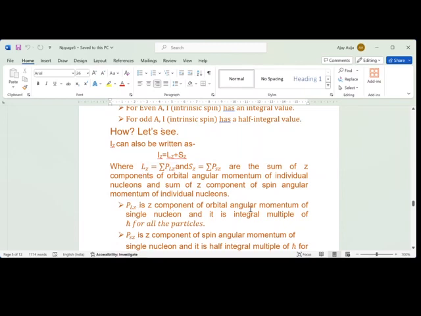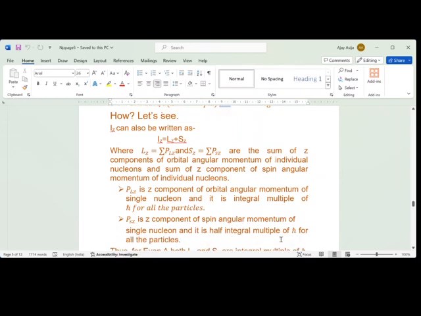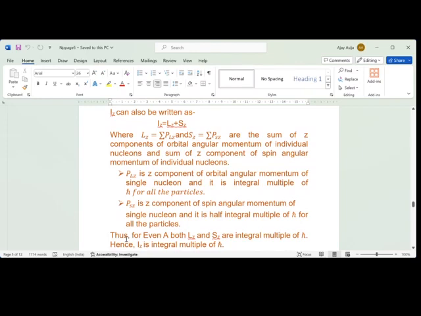PLZ is an integral multiple of h cut for all the particles. And PSZ is the Z component of spin angular momentum of a single nucleon, and it is a half integral multiple of h cut for all the particles.